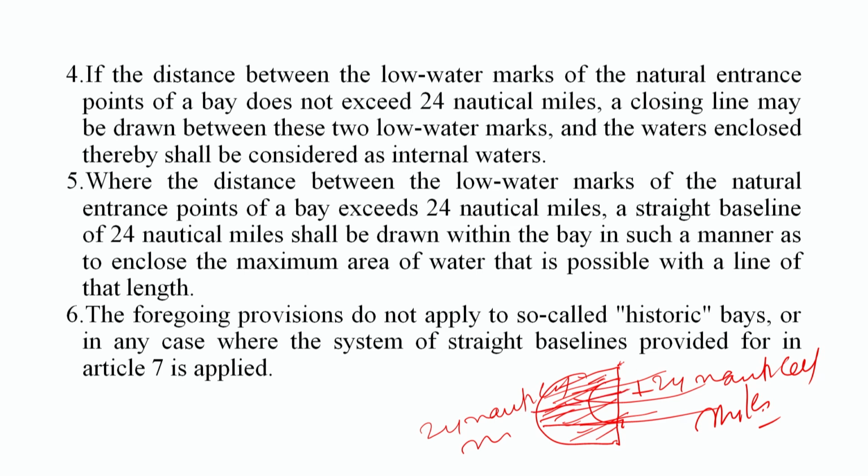Then how will we do it? We will measure what will be the last point for 24 nautical miles. Let's say up till this point it turns out to be the 24 nautical miles. So we draw the line from this point onwards. This is 24 nautical miles in this case, where it is plus 24 nautical miles.